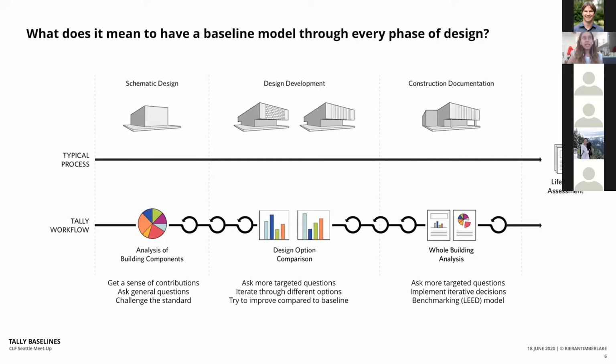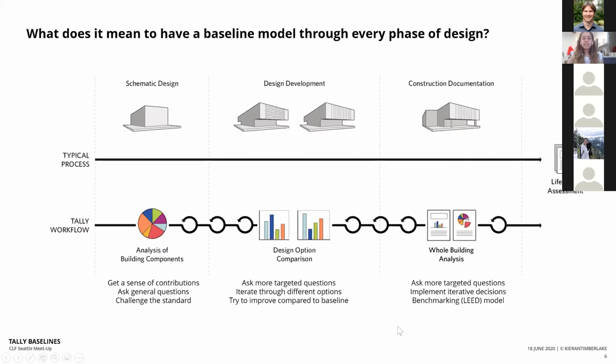At the beginning, we definitely don't have a Revit model to begin with. We don't know what the design is going to look like. It's going to evolve throughout the different phases, and the model resolution is also bound to change throughout the different phases.